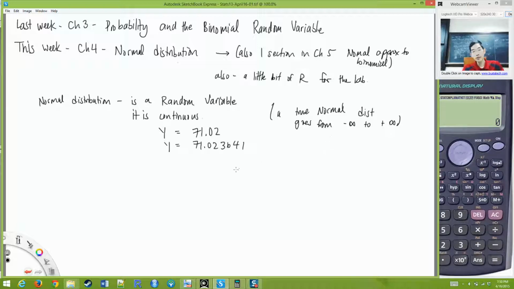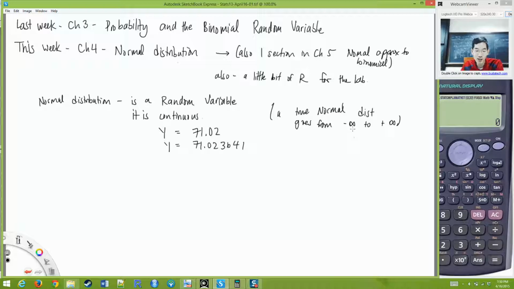And a lot of things in real life are approximately normal, okay? So the heights of people are approximately normal. It's not going to be truly normal because nobody can be negative infinity inches or centimeters tall, and nobody's going to be positive infinity, okay? But in a true normal distribution, the probability of being at negative infinity or positive infinity is infinitely small.